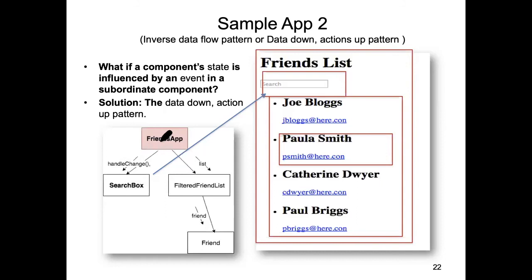And what that function does is it will change the state. So that's what we mean when we talk about data down, action up. Data down is really passing data down. Action up means that the action is contained inside here, but it's actually invoked by this component down here. So the action is kind of in an upward direction.